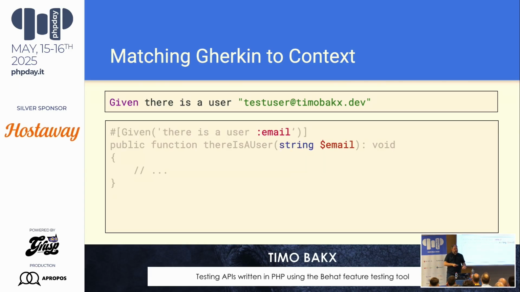That placeholder corresponds with your parameters, and you can use it to actually make sure that stuff is going well. If you have something that's a little bit more complex, you can use regex, and in that case, the groups that you specify are your parameters again.